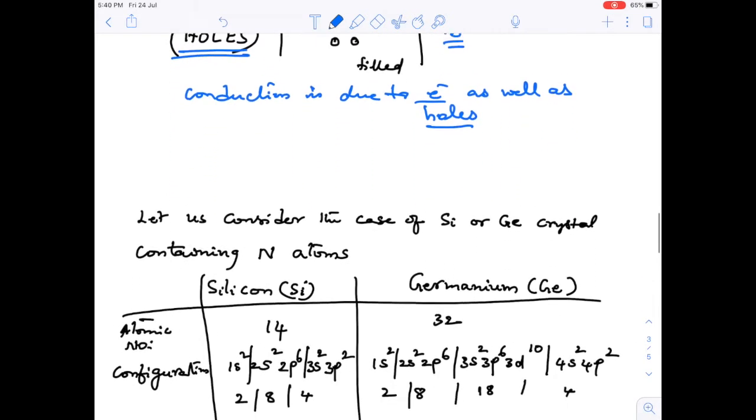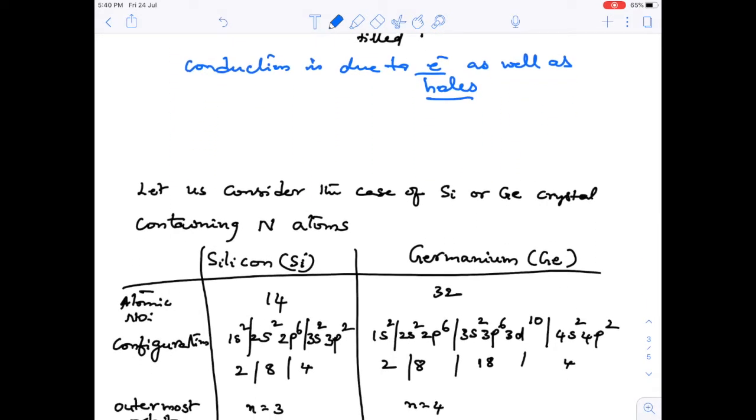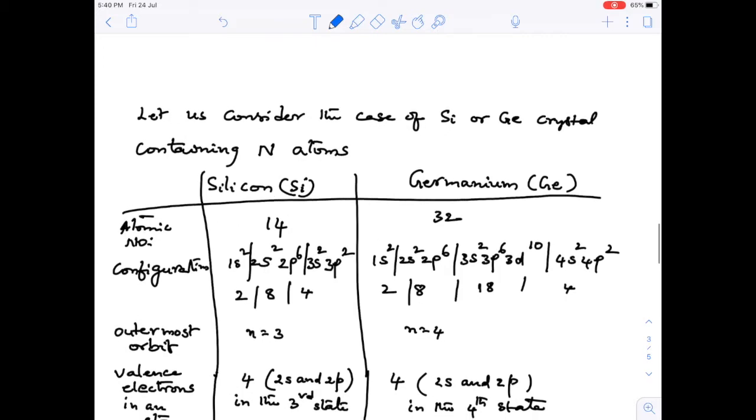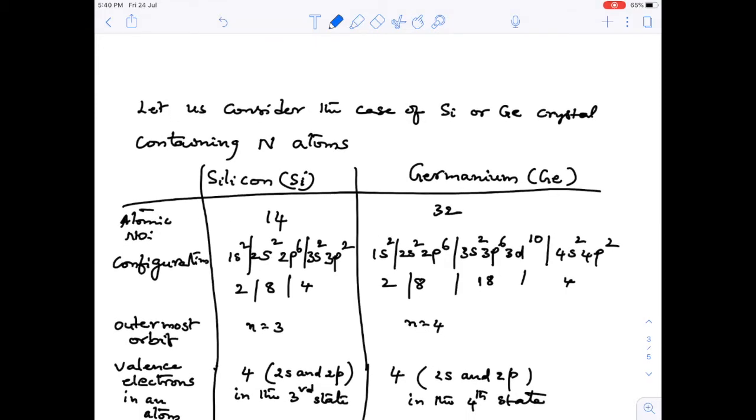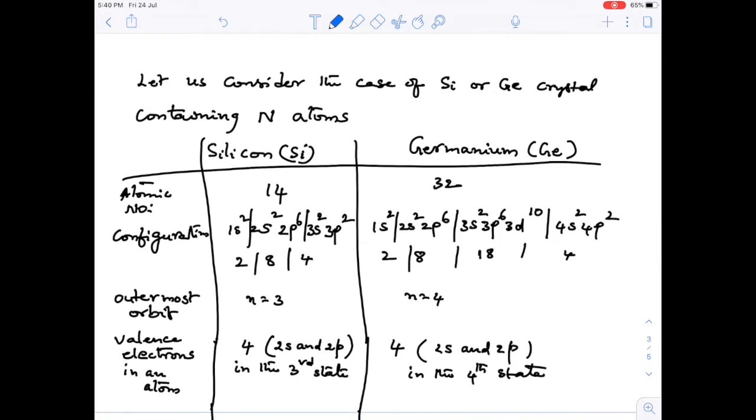Now let us consider the case of a silicon or germanium crystal containing N atoms. So let us see the comparison, how it goes with all these different parameters. Silicon and germanium are the most widely used semiconductors, therefore I am taking these two and discussing.